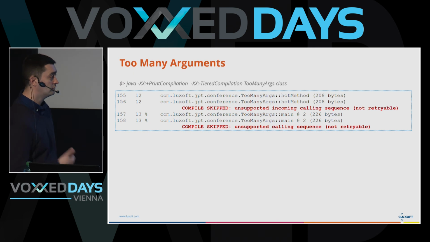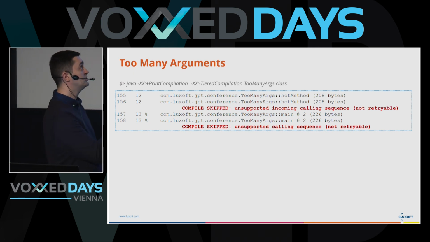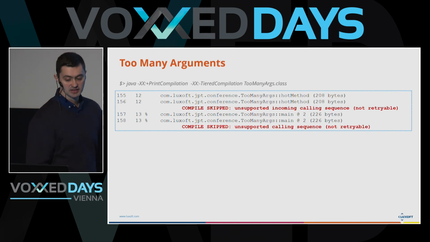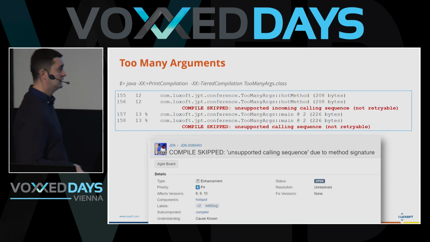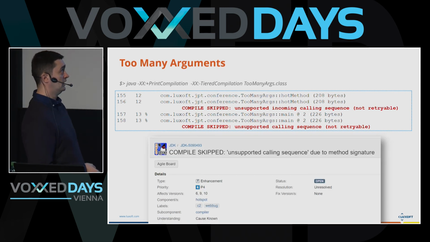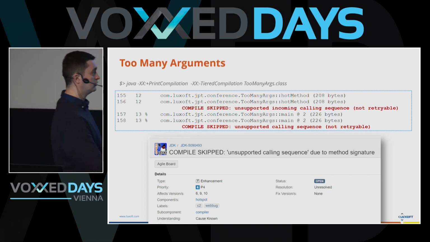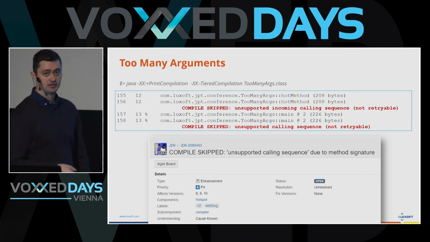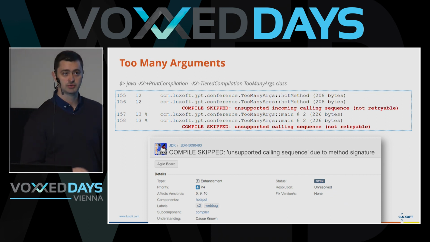In this case, if we compile, the just-in-time compiler prints this kind of warning saying unsupported incoming calling sequence, or unsupported calling sequence. If we search on the web, there is also a task for the OpenJDK. It's still open. I think it's been there since the very early version, the sixth one. It's moved towards 10, so probably there is a rumored improvement on their side in regard to these methods.